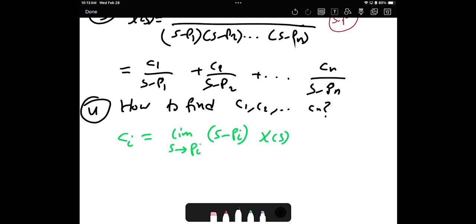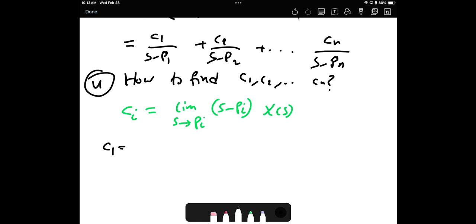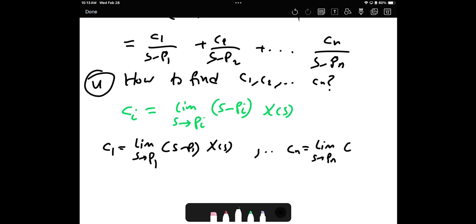Such that to calculate c1, c1 will be the limit when s goes to p1 of s minus p1 times X of s. To calculate cn, cn will be the limit when s goes to pn of s minus pn times X of s.